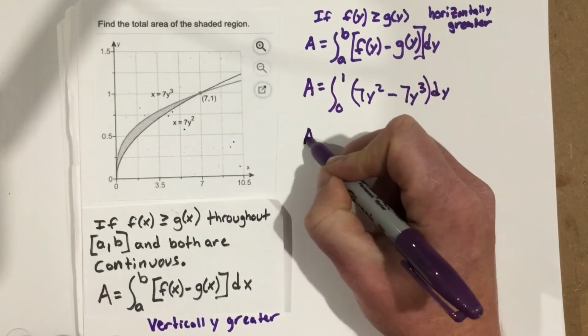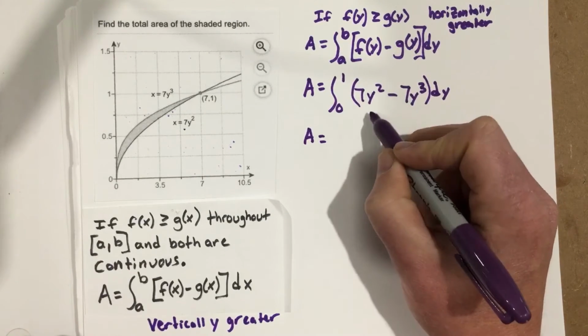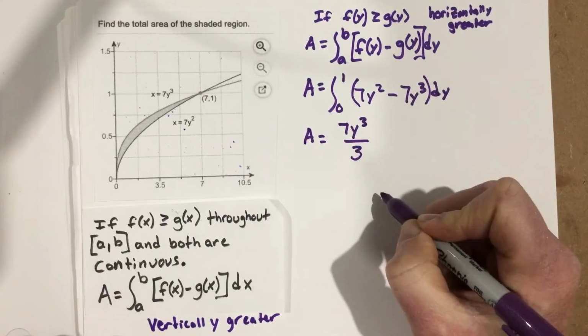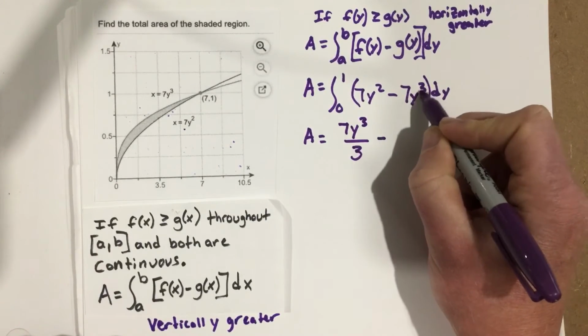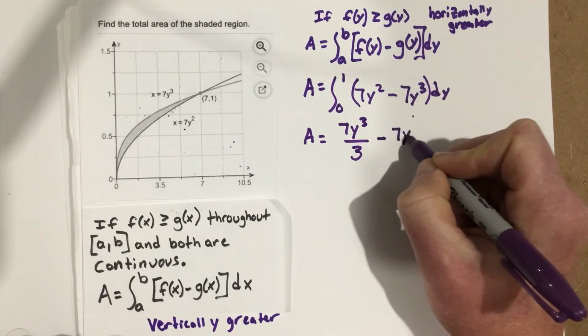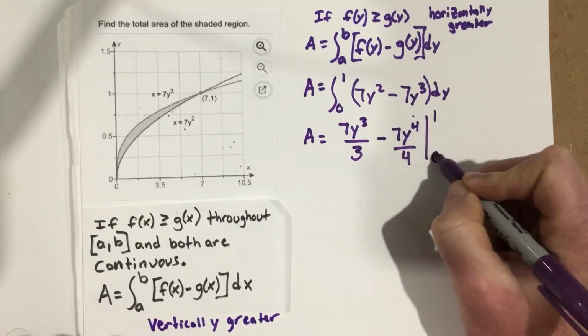When we integrate that, we add 1 to the 2, so that's 3, and divide by 3, so we get 7y cubed over 3, minus, we add 1 to this 3, we get 4, and divide by it, so minus 7y to the 4th over 4, and we're going to evaluate this from 0 to 1.